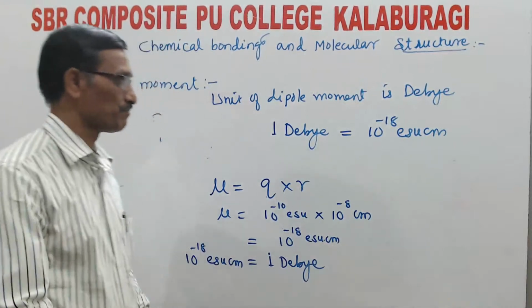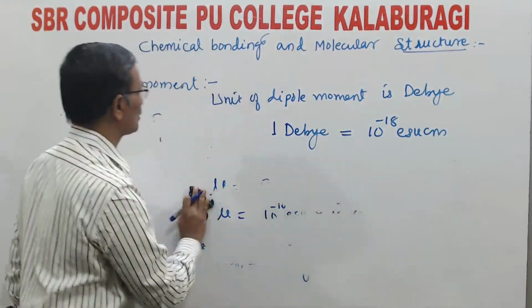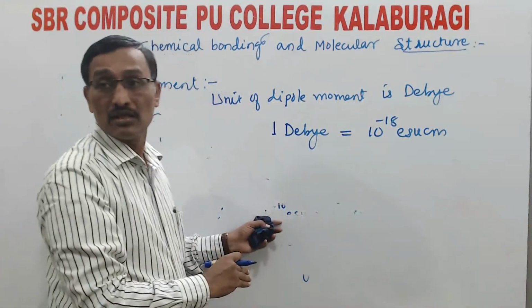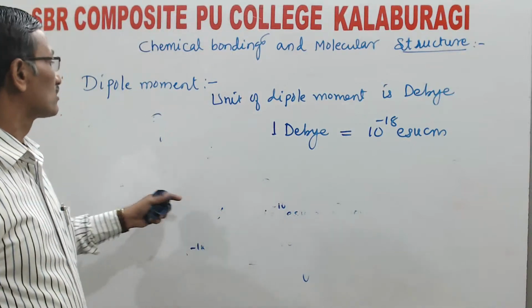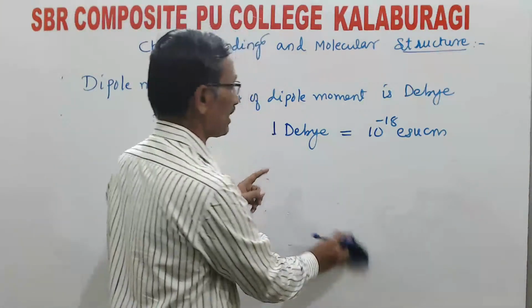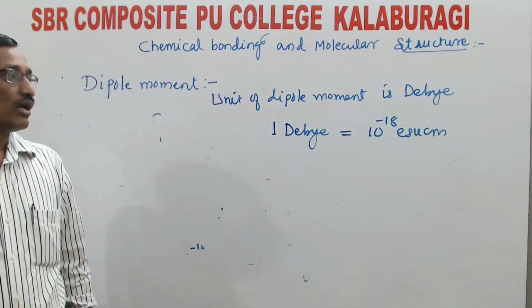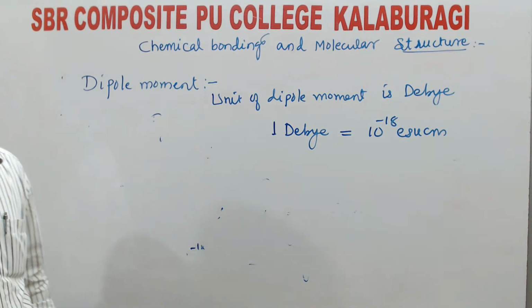So now, coming to the SI unit of dipole moment, students, what do we have to write here? The unit of dipole moment is Debye, 1 Debye equals 10 to the power of minus 18 electrostatic unit centimeter.